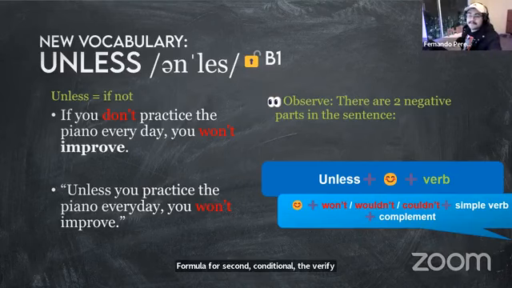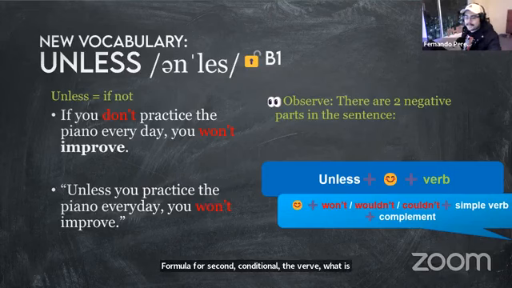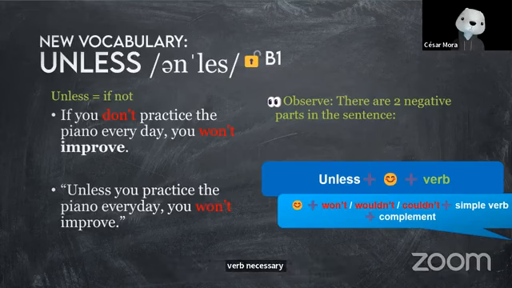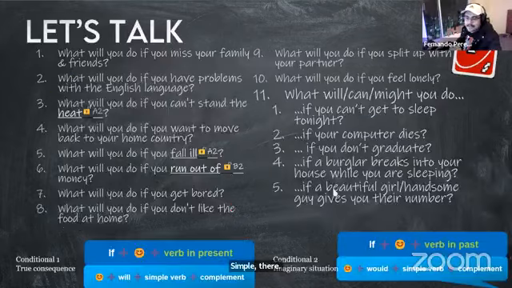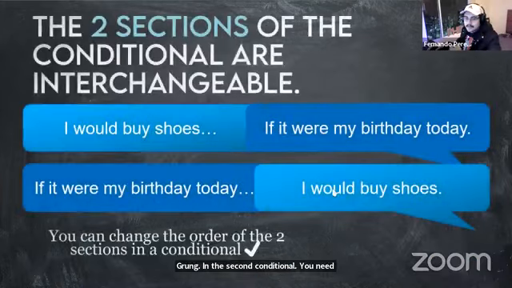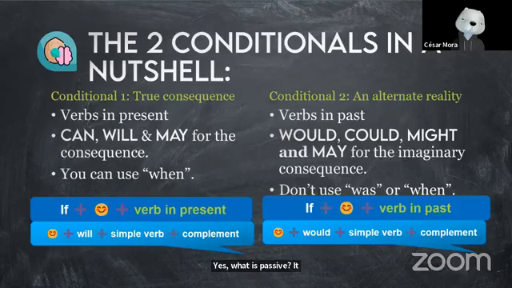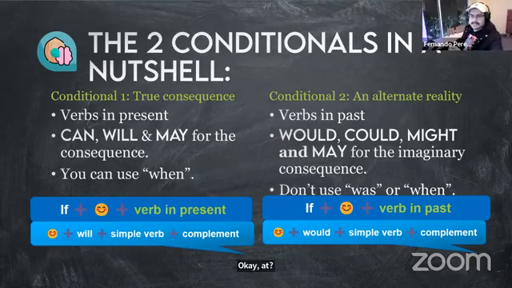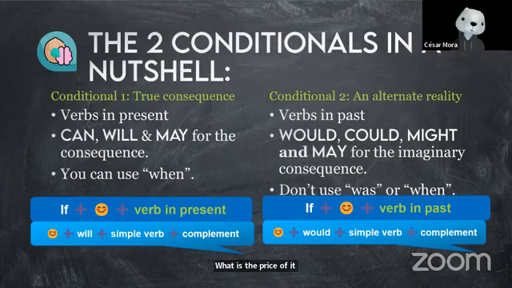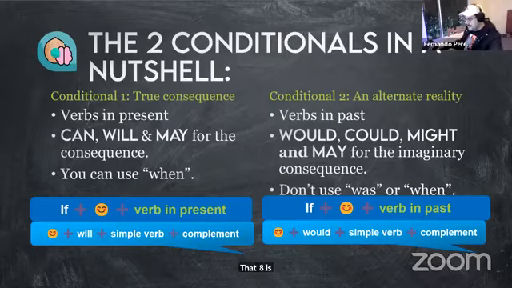The verb. What is the verb necessary? Simple verb? Wrong. In the second conditional, you need the verb in past. Yes. What is the past of eat?